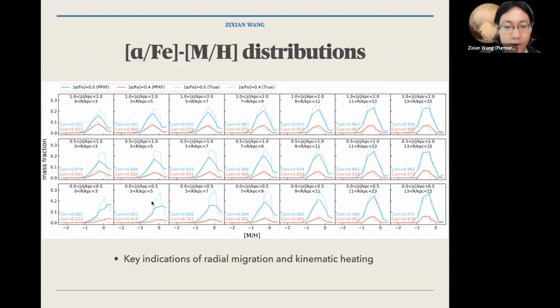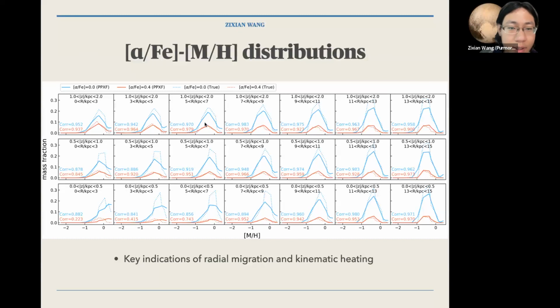And I just mock this figure as the one shown by Michael Hayden, at different radius and different height. So you can see that we do have some differences when you compare PPXF to the true answer.